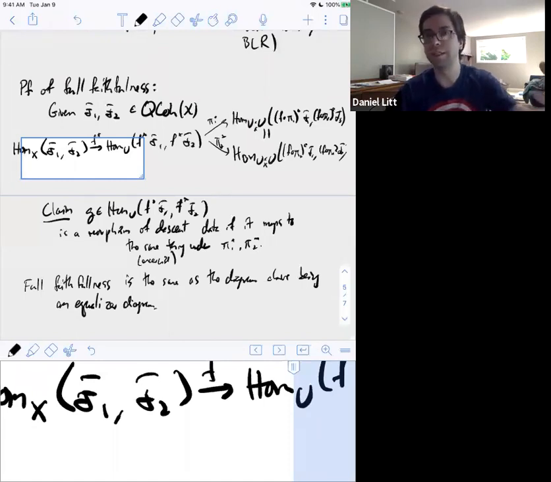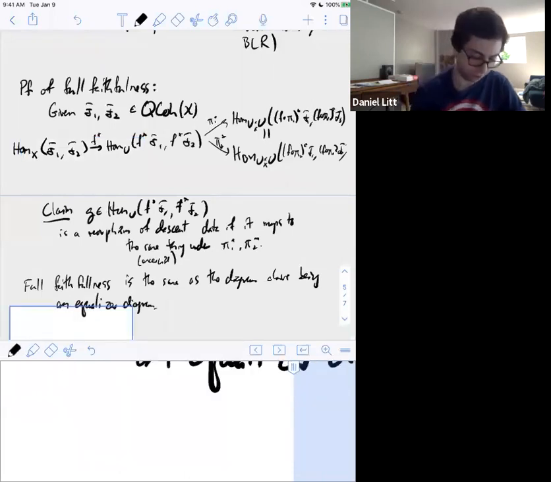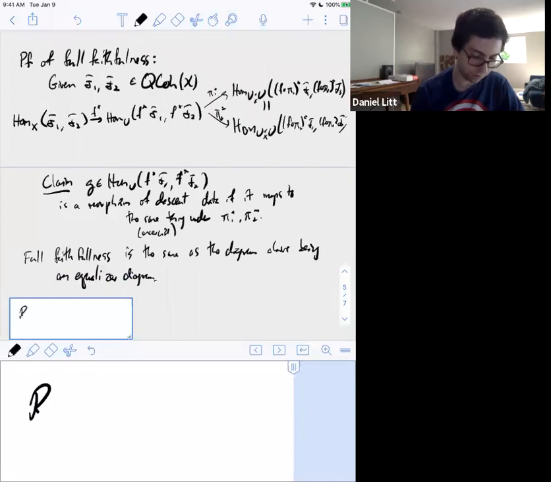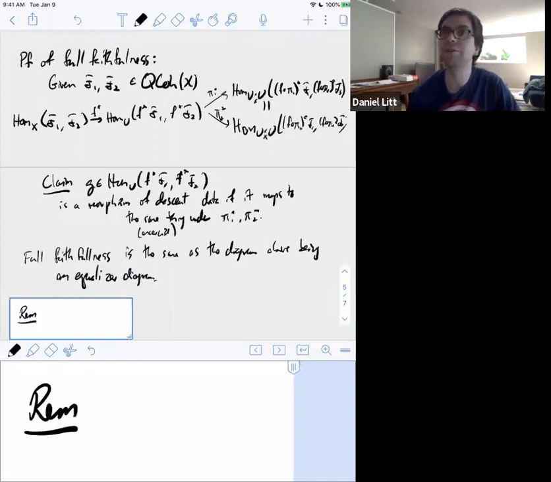Suppose I want to prove that a quasi-coherent sheaf F gives me an honest sheaf on the Etale or fppf side. How do I plug it into this claim about full faithfulness? So the remark is that Ben has suggested taking F1 to be O, yes.